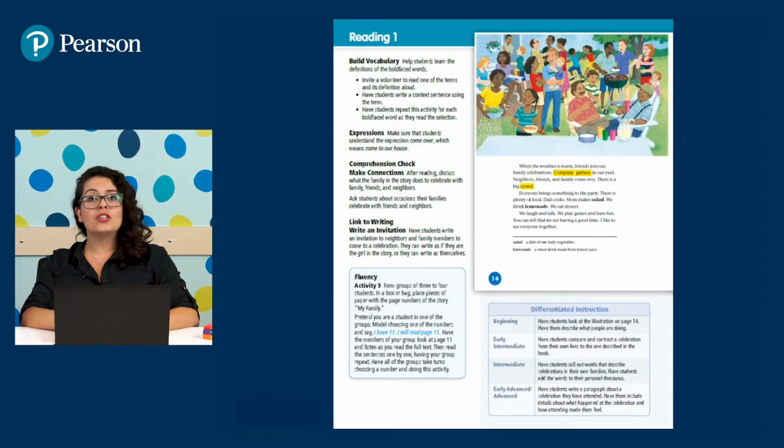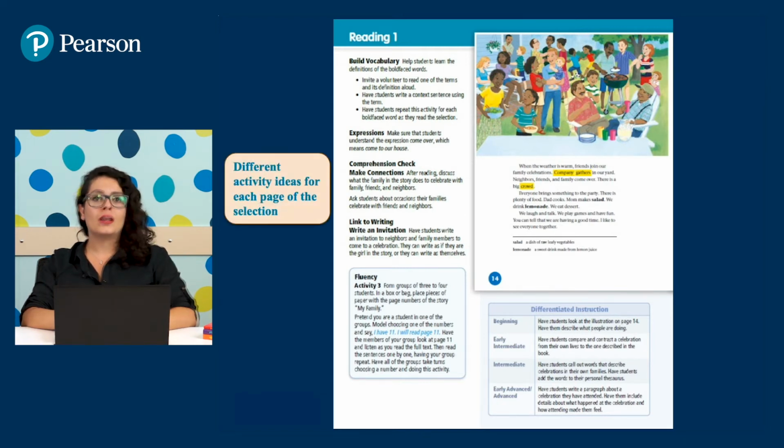The detailed teaching notes are provided not only for introducing the text, but throughout the text. For each page of the selection, you will find different activity ideas to help learners understand better, read actively, and make reading fun.